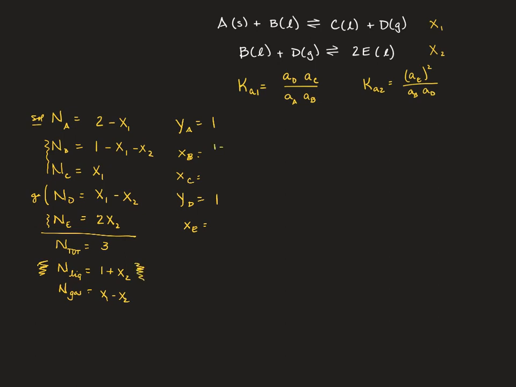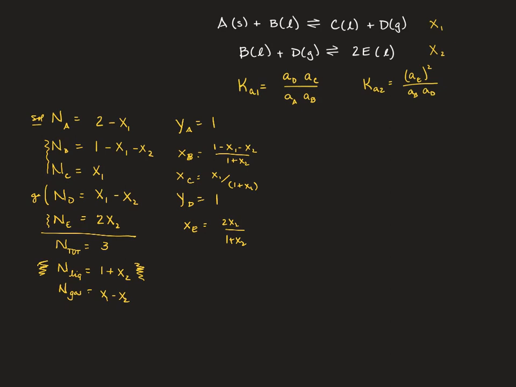So this is 1 minus X1 minus X2 over 1 plus X2. This one is X1 over 1 plus X2. And the last one is 2X2 over 1 plus X2.